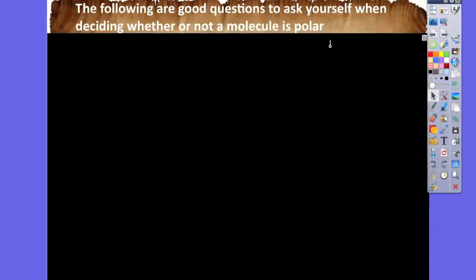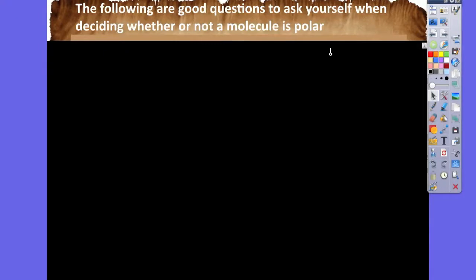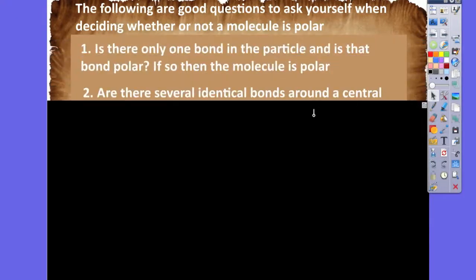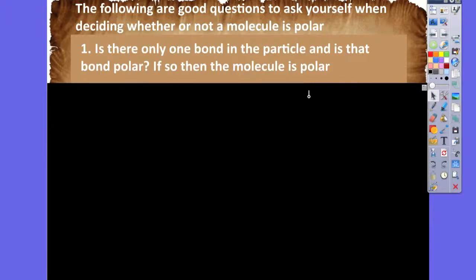So some of the questions that you can ask yourself to determine if a molecule is polar or nonpolar are the following. Number 1, is there only one bond in the particle, and is that bond polar? If so, then the molecule is polar.